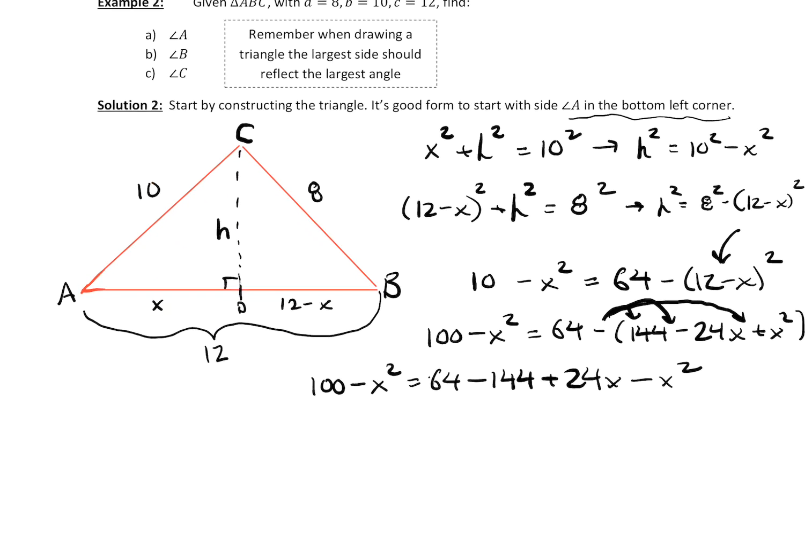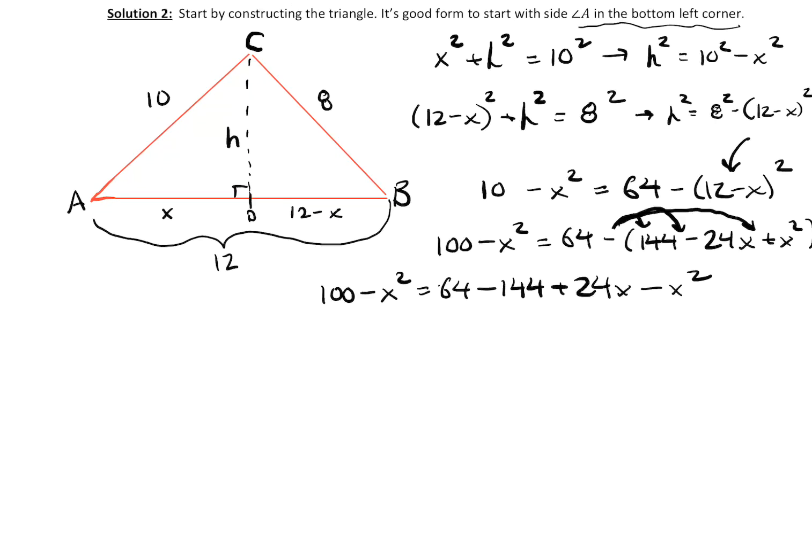Now you have an x squared on both sides. Those are going to cancel out. If you get all the non-x's together and the x's together, let's get all the non-x to the left. So you have 100 minus 64 plus 144 equals 24x, which is 180 equals 24x.